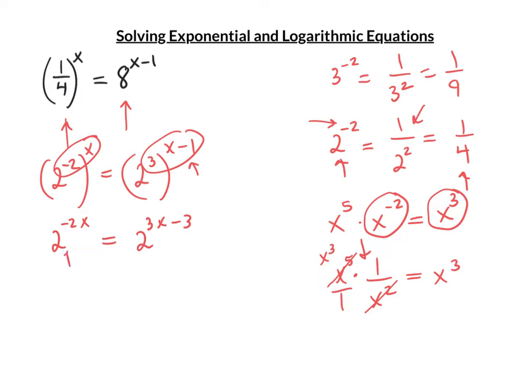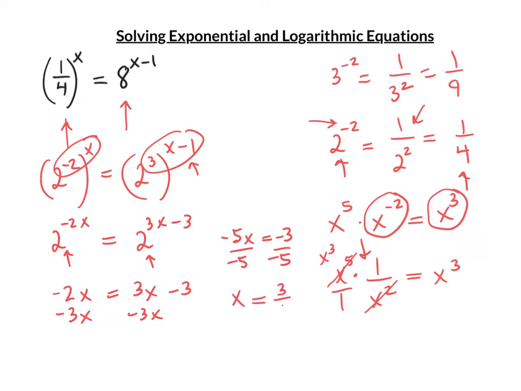We have the same base. They're both base 2. We can just set those exponents equal. Negative 2x equals 3x minus 3. Now let's take a 3x from each side. Running out of room here. We get negative 5x equals negative 3, and we'll divide by negative 5, and x will equal 3/5, or 0.6. Notice that 2 negatives make a positive.